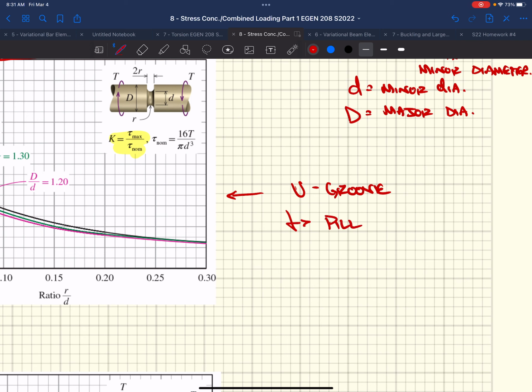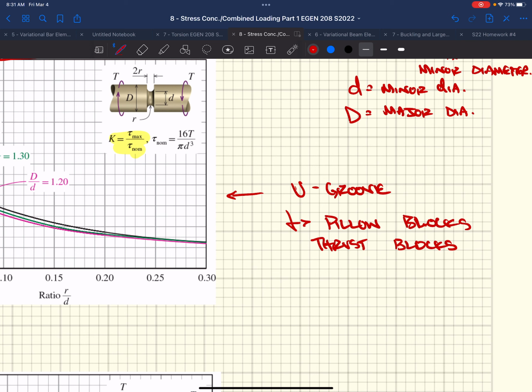These are a lot of times used in what we call pillow blocks or thrust blocks. METs, you guys learned about those? It's like in a shaft. A lot of times shafts, especially torsional shafts, have rotation going on, high torques. We need to hold that shaft down, or we need to support it.